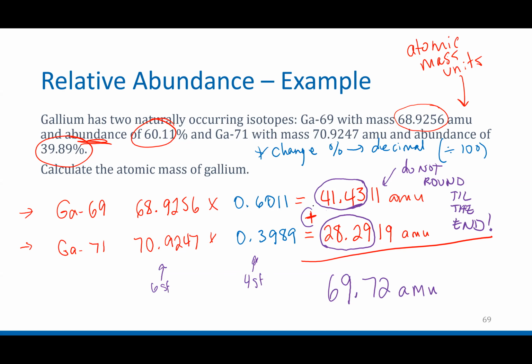So because I'm adding, I need to take the lowest number of decimal places, and they both have 2 decimal places. Remember, that's your rule for adding. You always take the lowest number of decimal places when I add. So in my answer, I just get 2 decimal places. Total of 4 sig figs, but 2 decimal places. Okay. I hope that explained it.